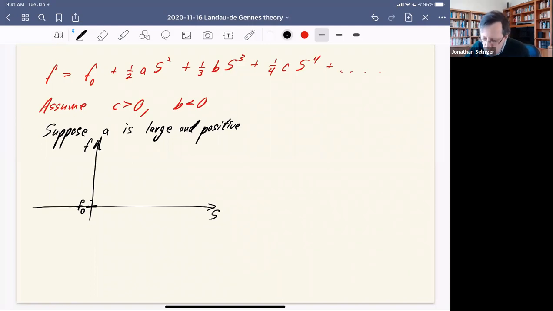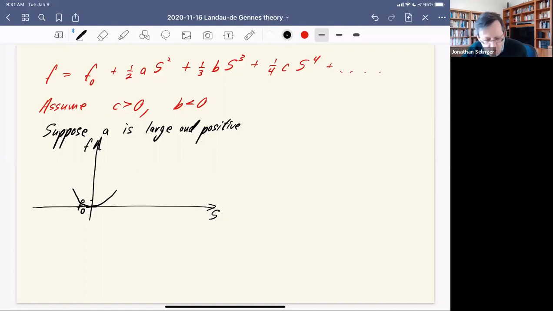When S is small, the dominant piece in this plot is going to be the AS squared piece. For small S, S squared dominates over S cubed and S to the fourth. So for small S, we must have this kind of parabola curving upwards.